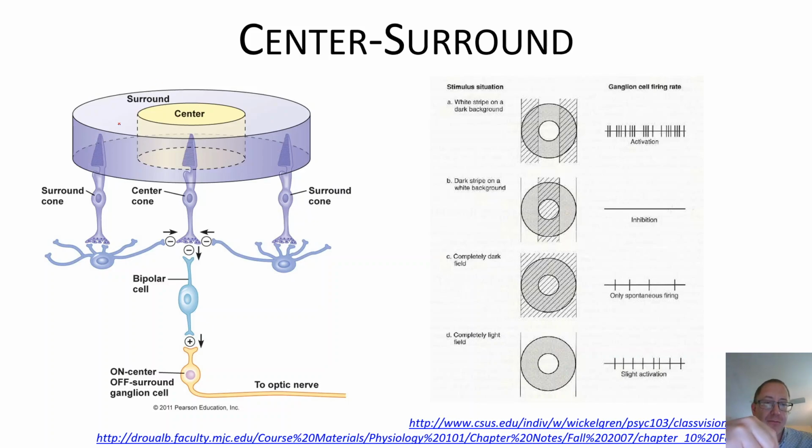But here, I have some piece of light going right here, hitting this surface, let's say, and no light on the outside. What ends up happening is if I have a white stripe on a dark background, this neuron will be fired, this one will not, this one will not. So if only the central neuron gets fired, not the surrounding neurons, because it has a bright light that it's seeing, or a white stripe, something brighter, that neuron will fire in a crazy way.